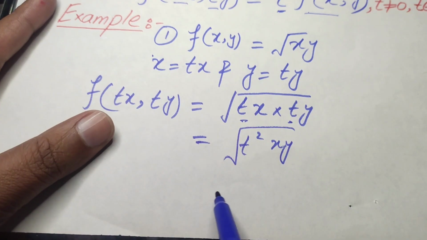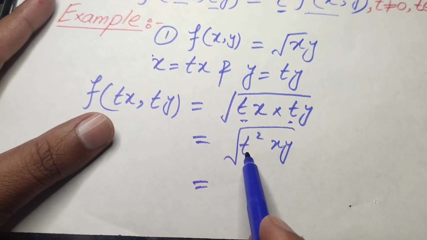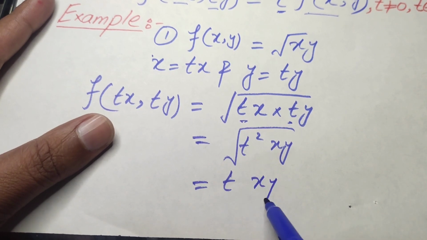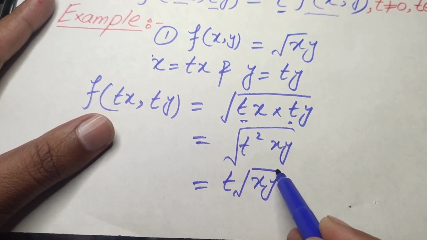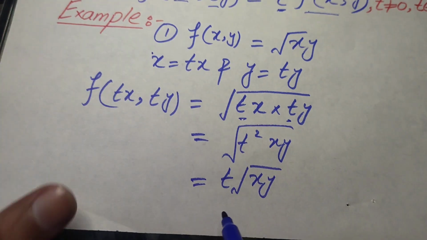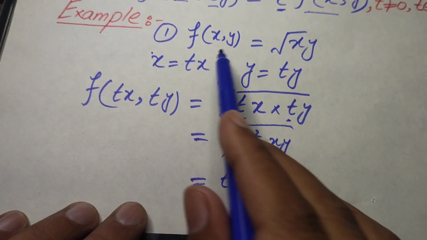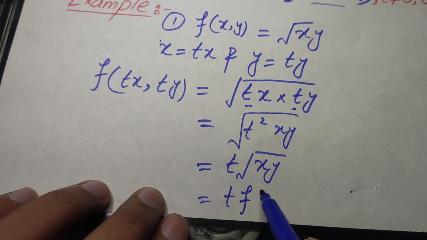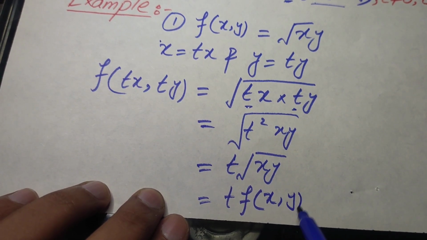And we know that the square root of t squared becomes simply t, and here we get the square root of xy, and we know that the square root of xy is equal to f(x, y), so we can write it as t times f(x, y).